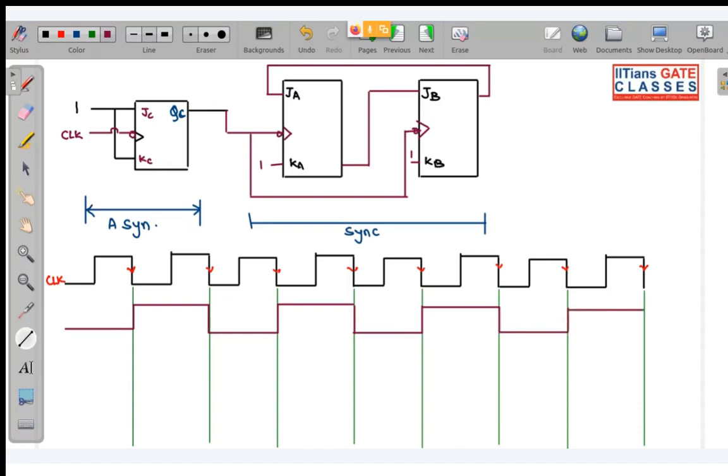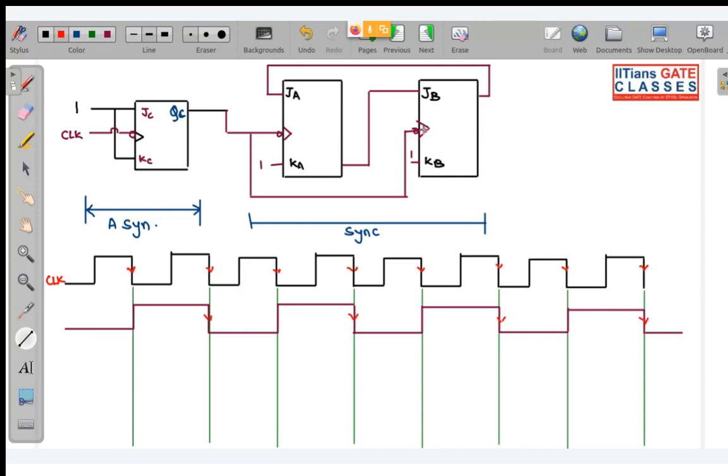So now this is very, very conceptual. What will happen over here? Okay, look very carefully. So basically QC is acting as your clock pulses. You can note it down later. Okay, first look over here. So basically the negative edges of QC is acting as your trigger for A flip flop and B flip flop. So mark the negative edges. So this is all the negative edges that we have. Only your flip flop A and B are allowed to change state at this negative edges.